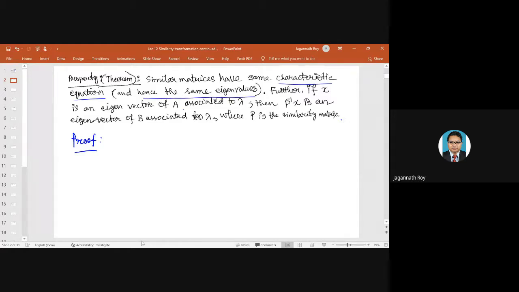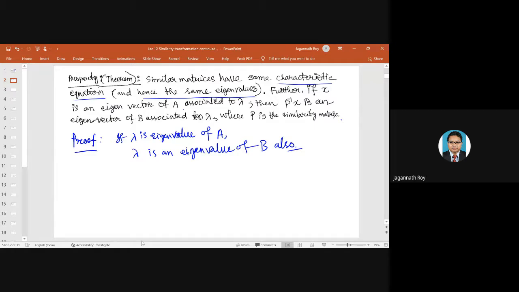This theorem says that if lambda is an eigenvalue of A, then lambda is an eigenvalue of B also.